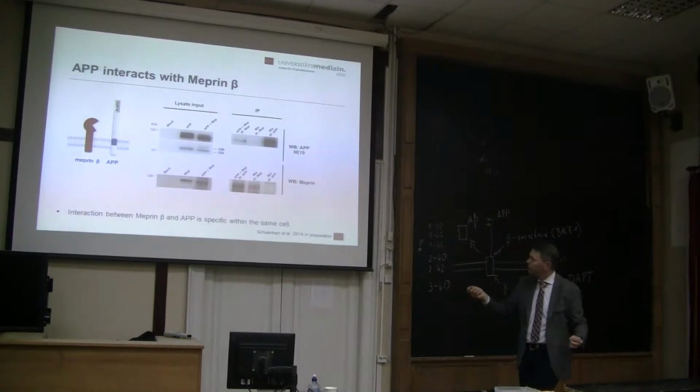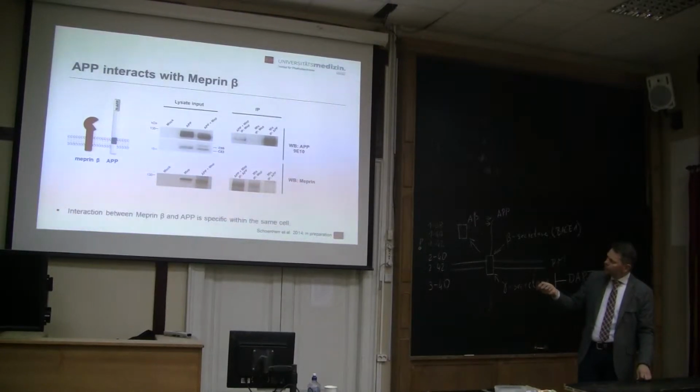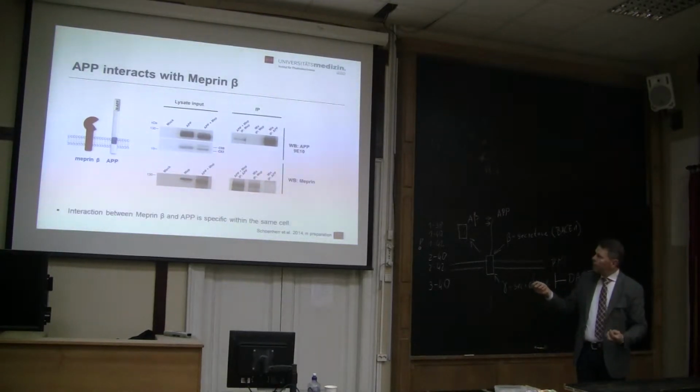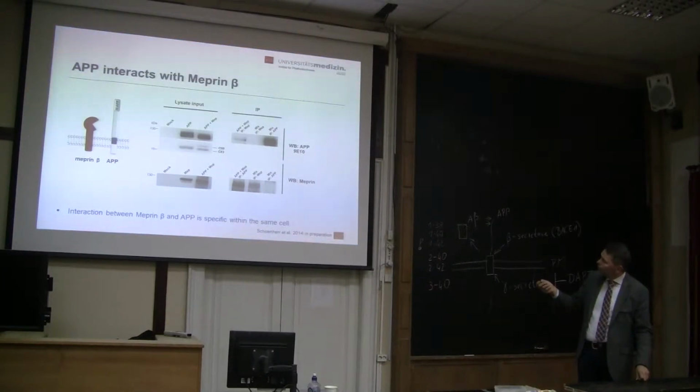That's what we're doing. So we have a lysate with meprin and APP, or APP alone. And when we now immunoprecipitate, we come with an antibody, for example, for meprin beta.